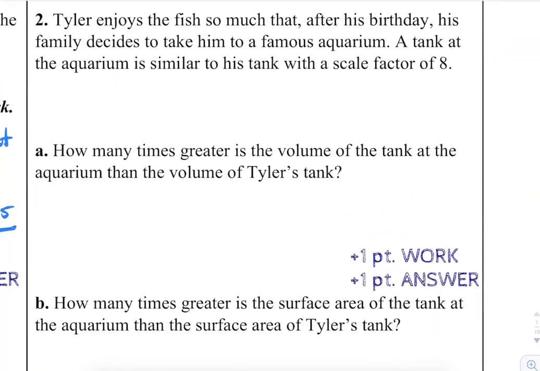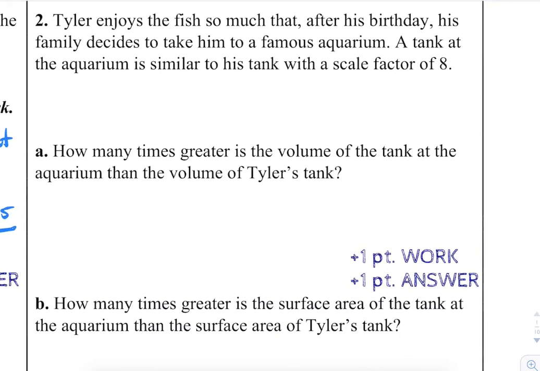Tyler enjoys the fish so much that after his birthday, his family decides to take him to a famous aquarium. The tank is similar. Keyword similar. If they're similar, that means same shape, different size.